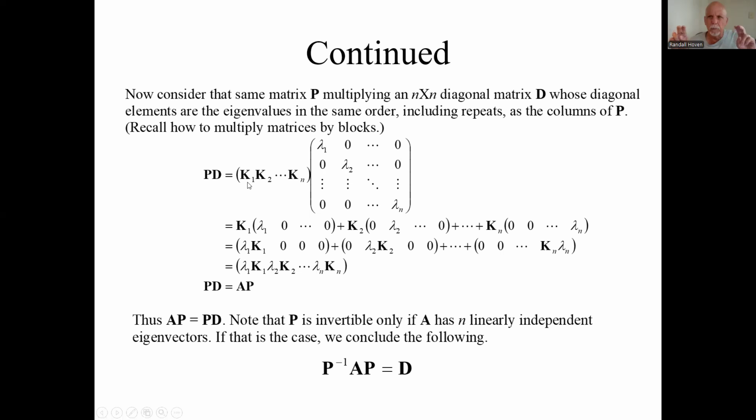There was one particular block method where each K here is a column vector. I can break this up as a column vector times a row vector, a bunch of those sums from 1 to n. So this product is K1 times this top row plus K2 times the second row, etc.